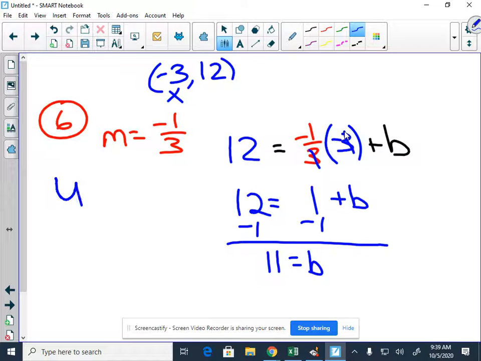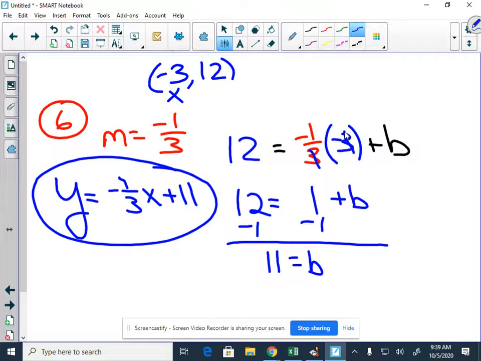Now you have to write an equation. Y equals mx plus b. That's always the goal in these, to write an equation. So what? Yep, you can write it over in the blank.